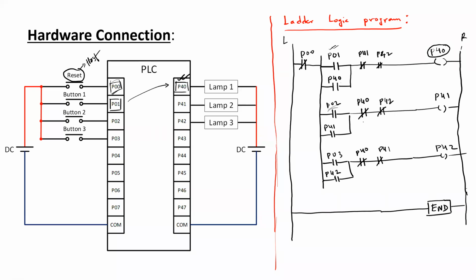So the user should insert an end block so that the PLC or CPU will start or jump to the first line again and continue the scanning process. So it is a continuous process, like a continuous for loop. It would go on until the user intentionally interrupts the power supply or stops the entire process.